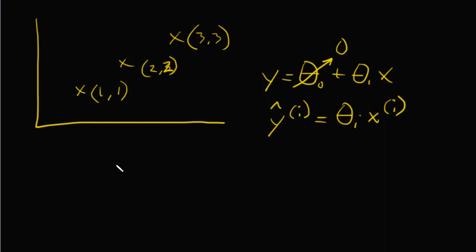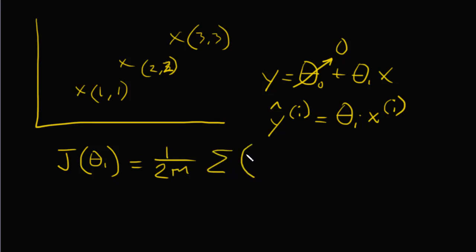So now, with that in mind, our cost function is now going to be a function of just theta 1, and it's going to equal 1 over 2m summation. And for our predicted value, instead of y hat i, it's going to be theta 1 times x i.